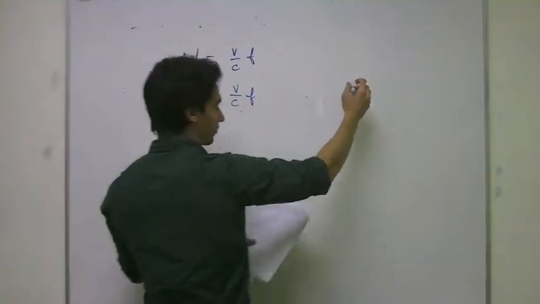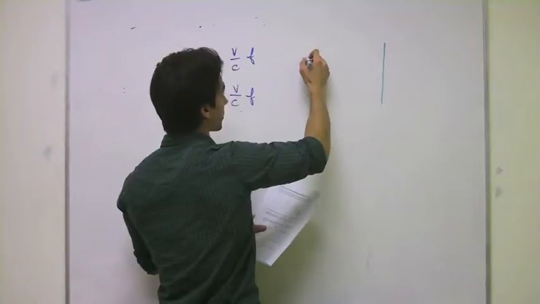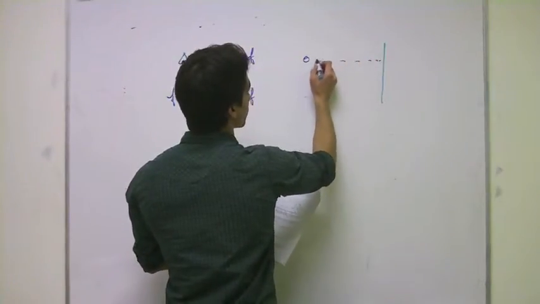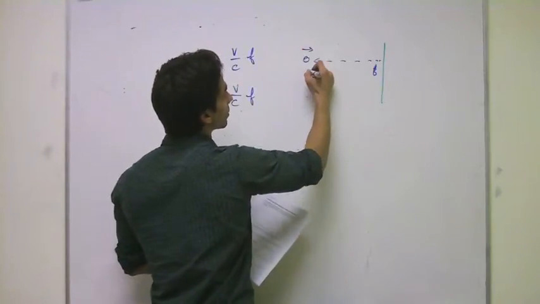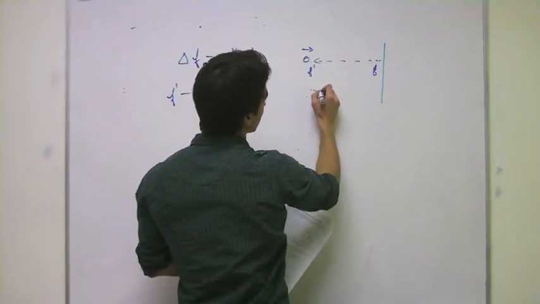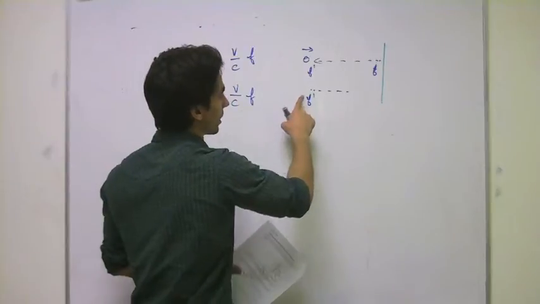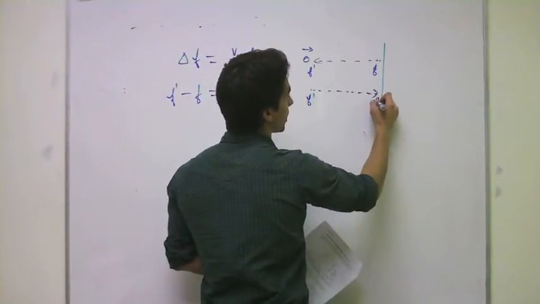So if we have a radar here and we have an object, first the radar is going to send out a pulse at f, and the object which is moving here will observe it at f dash. Now this object will reflect the frequency at f dash, and it will be observed here at f double dash.